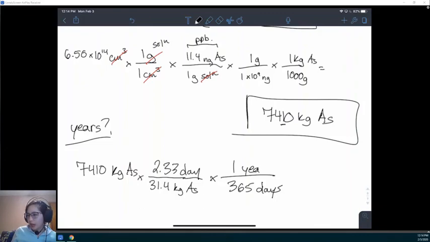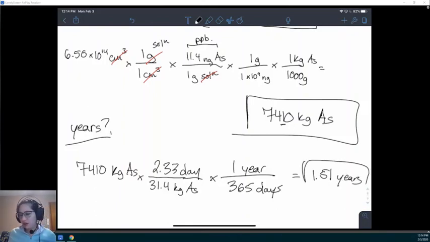So I got 1.51 years, I believe. So that's actually pretty long. So that will definitely put a hamper on that project. So maybe they can find a different company to take out all the arsenic.